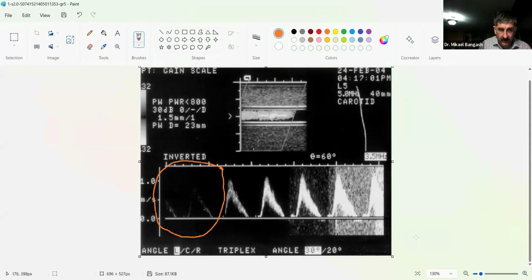Just slightly, if you look super close, you may see. But we can say, what would that mean? Or we can say that our Doppler gain here is too low, right? Right. Good.